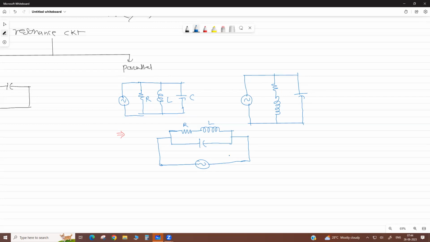Simply, you apply the voltage like this. So your total voltage is applied across this. Then this is the total current, and this current is divided into these two paths, the parallel paths. Here it is also the same.